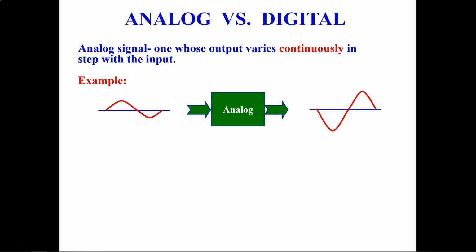While these signals may be limited to a range of maximum and minimum values, there are still an infinite number of possible values within that range. For example, the analog voltage coming out of your wall socket might be clamped between negative 120 volts and positive 120 volts.